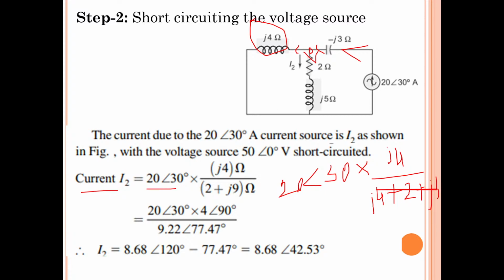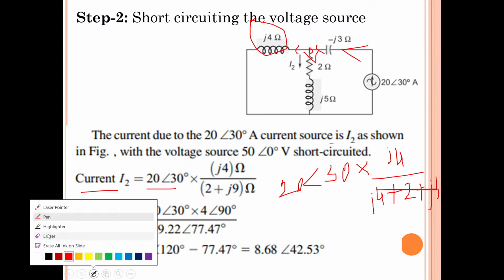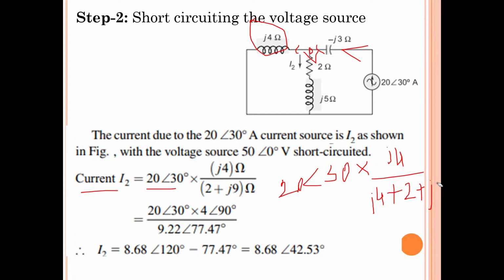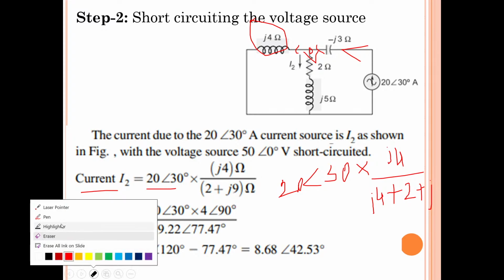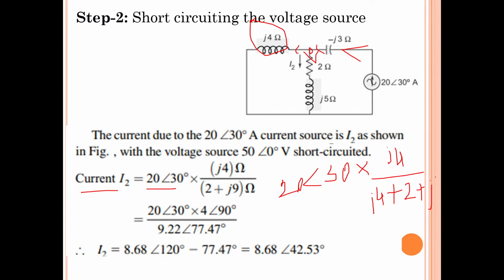Okay, 2 plus j5. I could not write that 5 properly. So j4 plus j5, how much? j9. Okay, that's what is here. 2 plus j9. j4 divided by 2 plus j9.